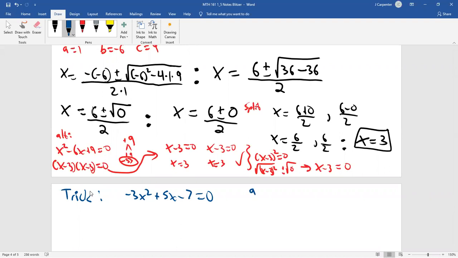A being negative complicates things. It sucks. Here's what you do. Before you write it, A is negative 3, B is 5, and C is negative 7. Just multiply both sides by negative 1.